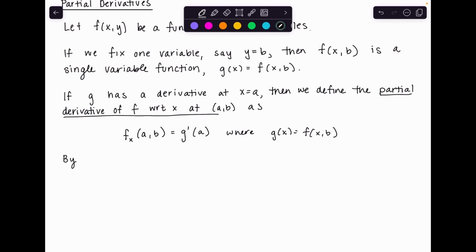So formally, by definition, we have the partial derivative of f with respect to x is the following.